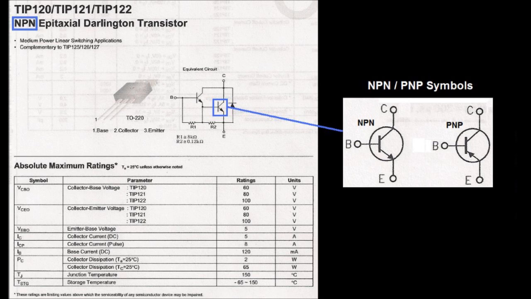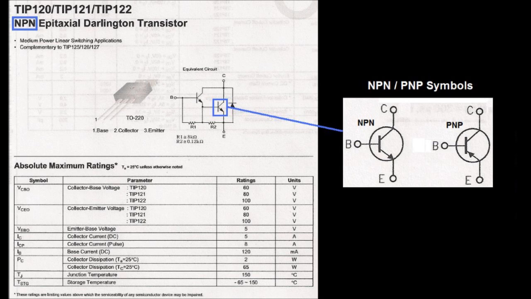These are the common symbols used to identify an NPN or a PNP. For NPNs, the current will flow through the collector and out of the emitter, as indicated by the arrow, and the base needs to be positive in order to turn an NPN transistor on. For PNPs, as you can see, it's the opposite.